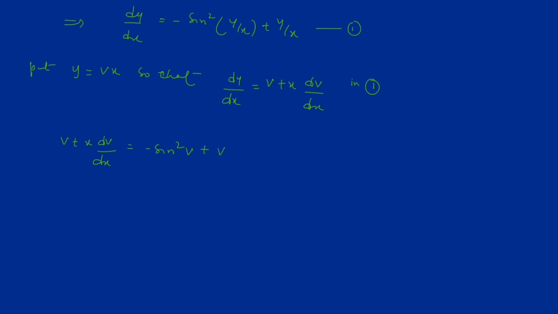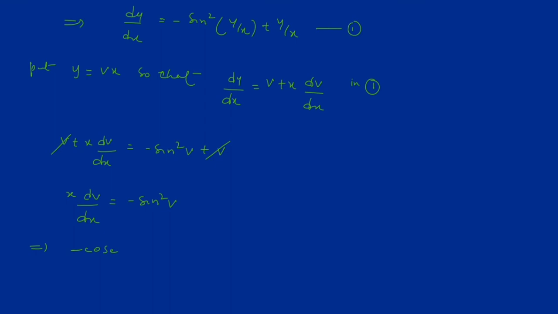This plus gets cancelled from both the LHS and RHS. What we get, x dv by dx equals minus sine square v. So again, which implies if sine square is taken on LHS, it comes to the denominator.